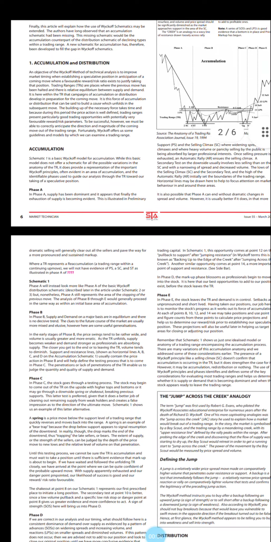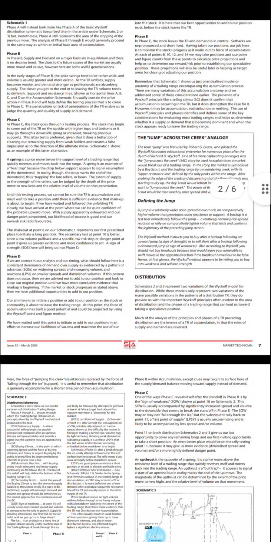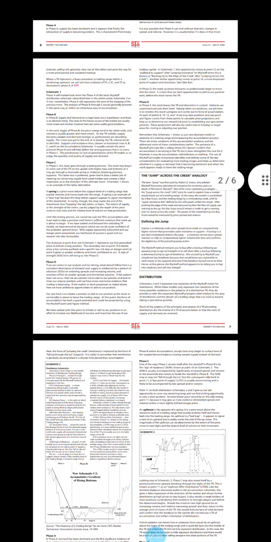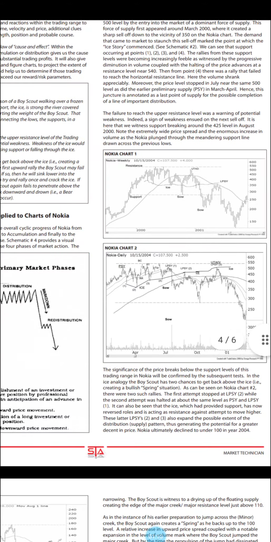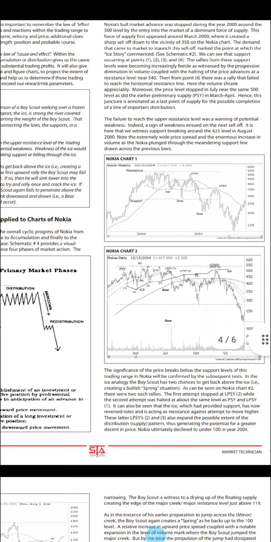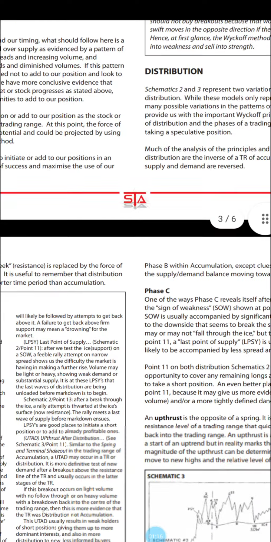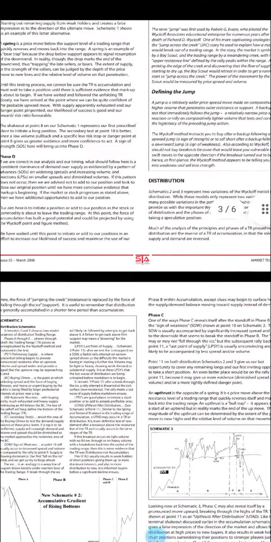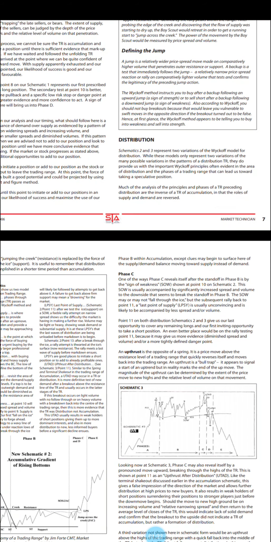So we went through the introduction, and we ended down here at distribution. Today I want to go from distribution and end at the chart 2. So we're going to go through the next 2 pages of the diagram. The distribution schematics 2 and 3 represent 2 variations of the Wyckoff model of distribution.